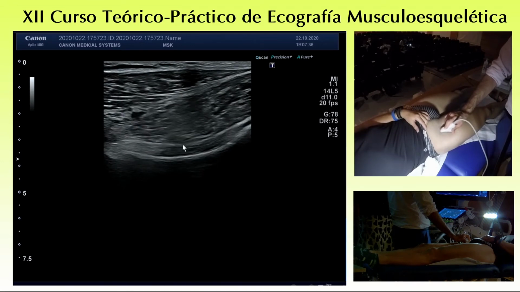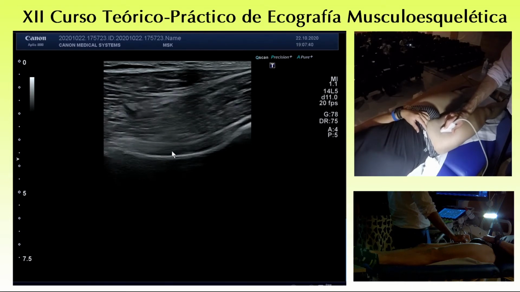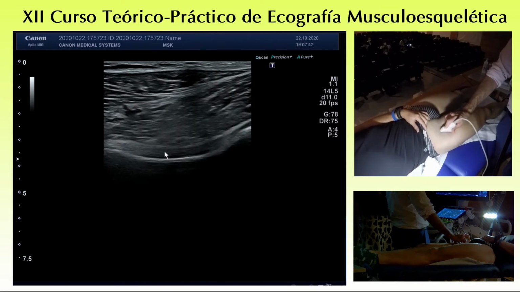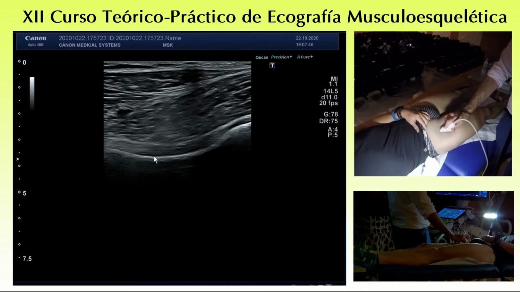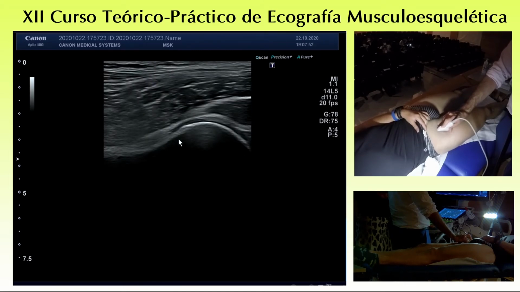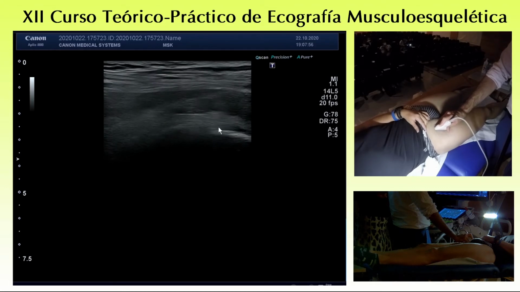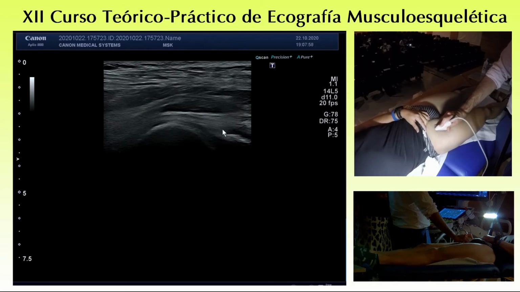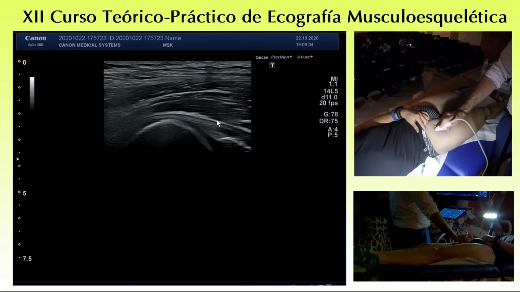The thickness of the recess is only related to the fact that this is a twofold recess. The two layers of the capsule are one over the other at this point, and the most superficial part is the fibrous part with the pubofemoral and the iliofemoral ligament. You see the fibrillar structure very well just over here.